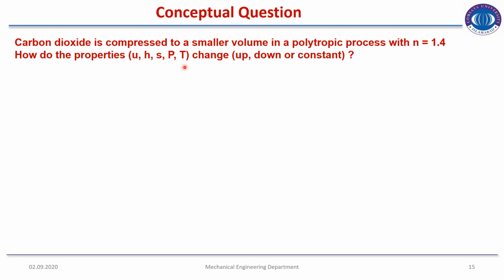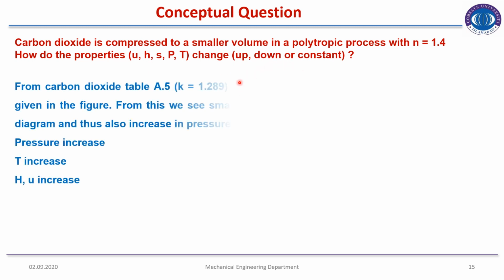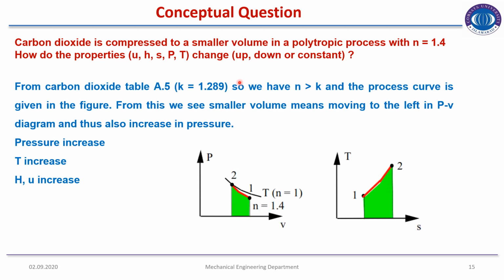We have been asked to check whether the value of these properties will increase, decrease or remain constant. For carbon dioxide we have table A.5, where the value of k is mentioned as 1.289.